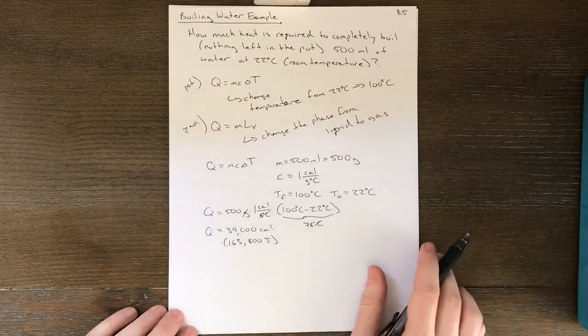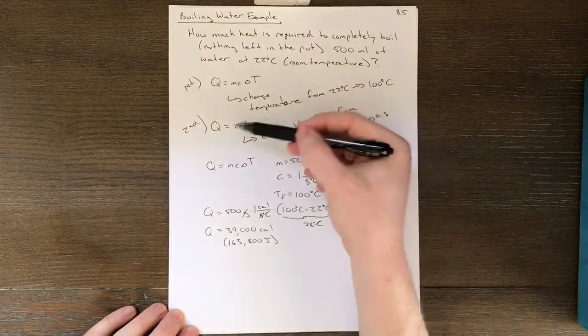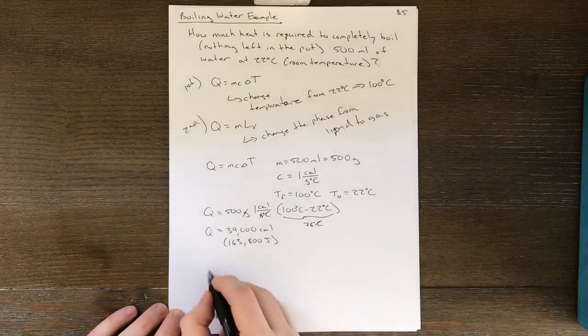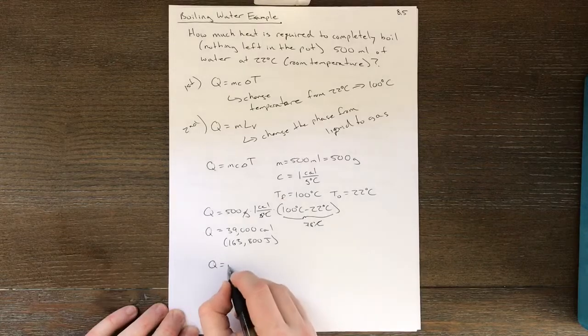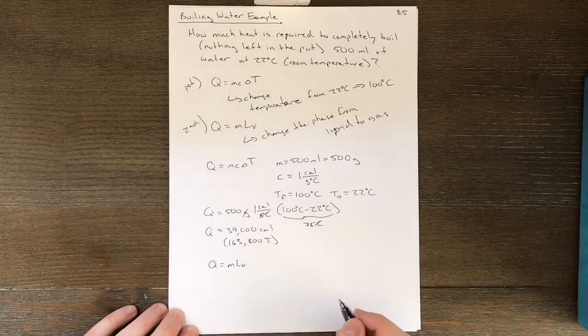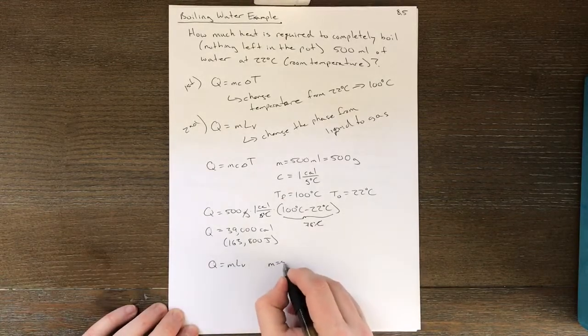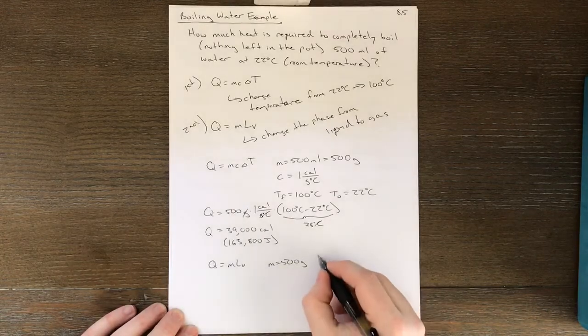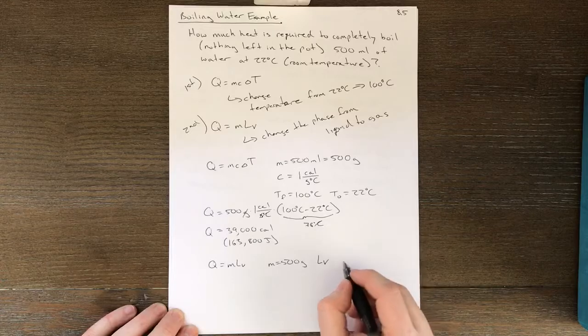The second step is to use Q equals mLV to change the phase from liquid to gas. So Q equals mLV. Well, we know we have 500 grams of water, and we can look up the latent heat of vaporization.